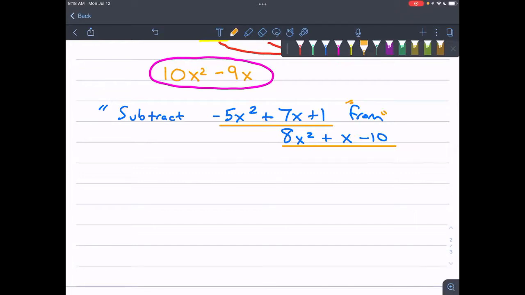One thing you'll want to be careful about here, obviously we're going to be subtracting these two. When I say subtract this from this, if they say subtract 2 from 10, that means you're doing the 2 second. You're doing 10 minus 2. So -5x squared plus 7x plus 1 from the other means that's going to go second. So we're going to reverse the order.